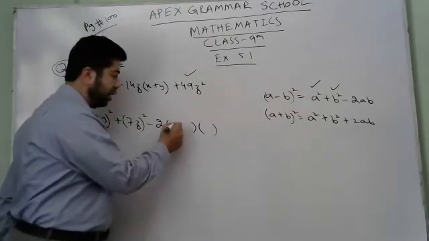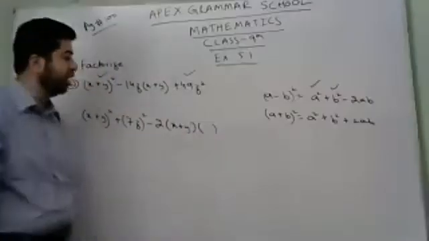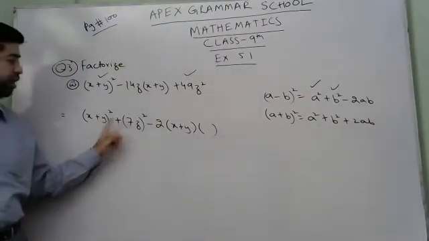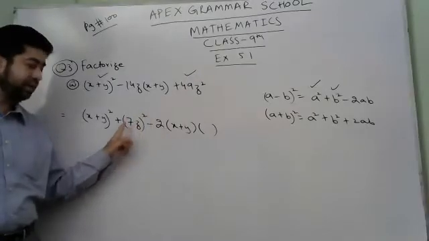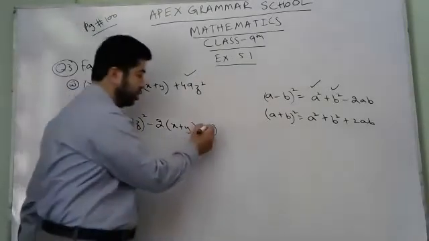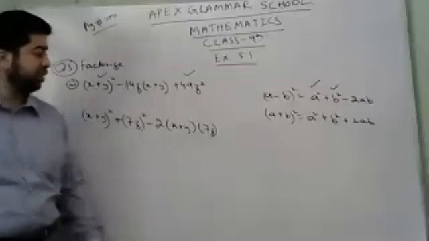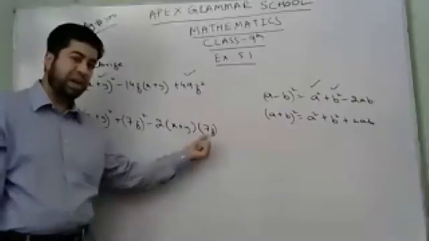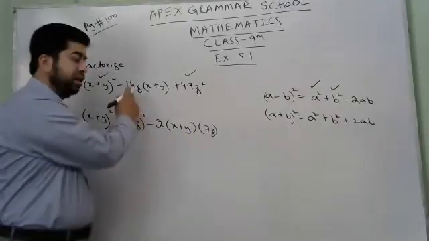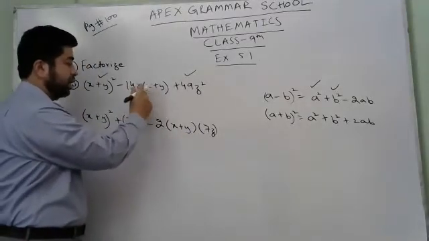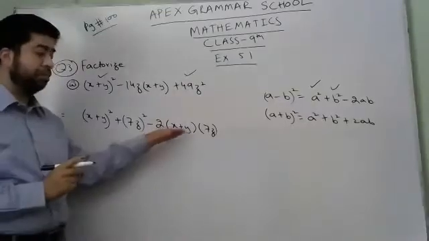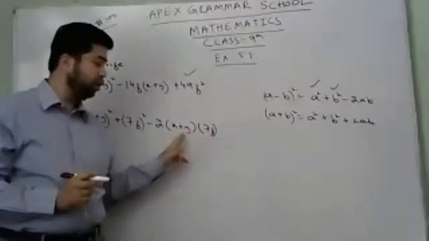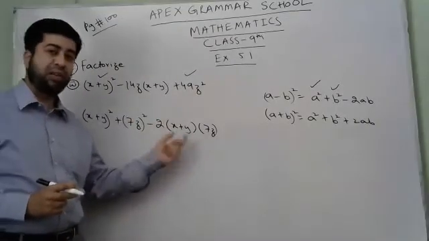And the value of b is beneath this square, that is 7z. So you have to write 7z. Now you have to verify that after multiplying these, it matches minus 14z into (x plus y): 2 sevens are 14z into (x plus y). So we have verified it.